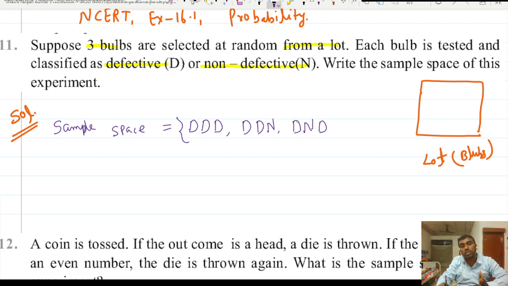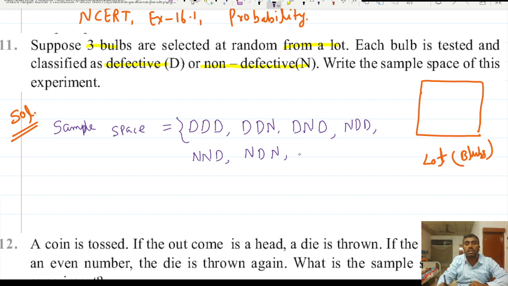So all the cases have to be counted as different. Then likewise N, D, D, which means the first bulb is non-defective and the other two are defective. The next case is N, N, D, where the first two selections are non-defective and the third one is defective. Then it may be N, D, N.